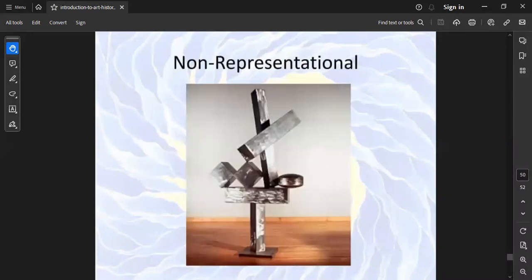Some example, non-representational. So can anybody interpret? Do you find anything specific in it? Any similar form? Anything that resembles any natural form? Somebody might say a bird, someone might say a particular animal. Do you find any similarity with anything?